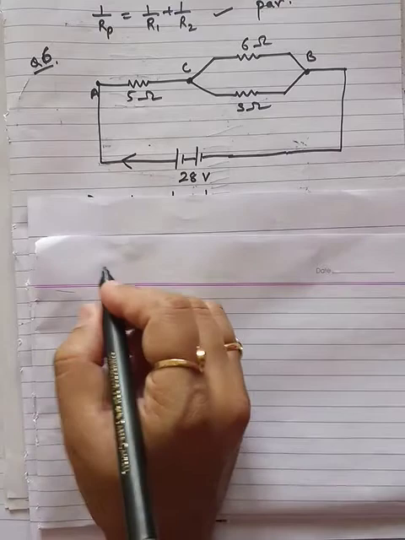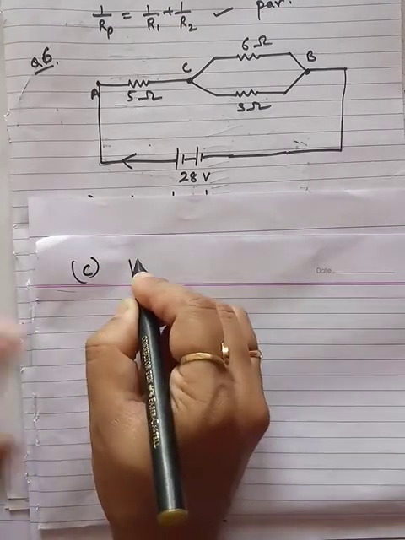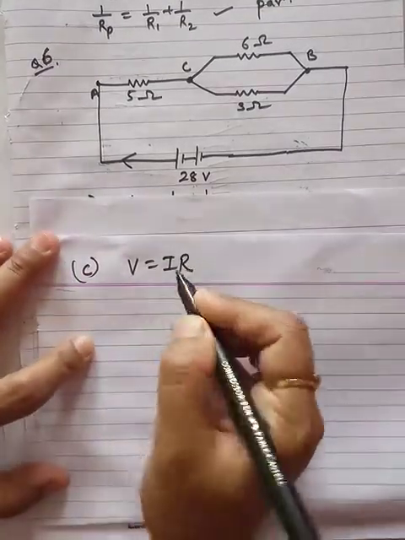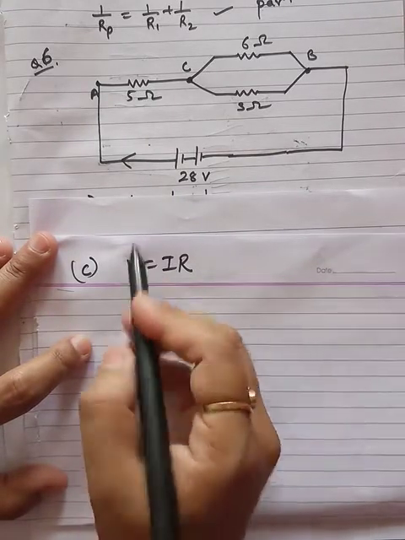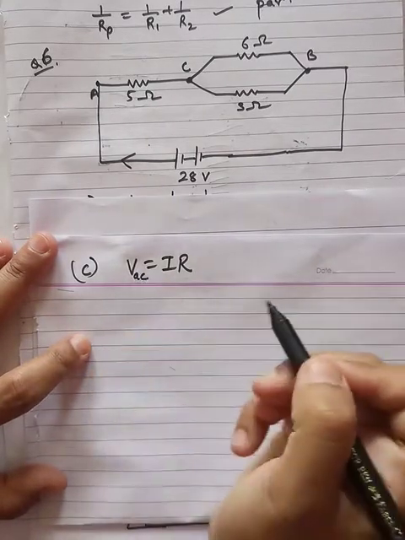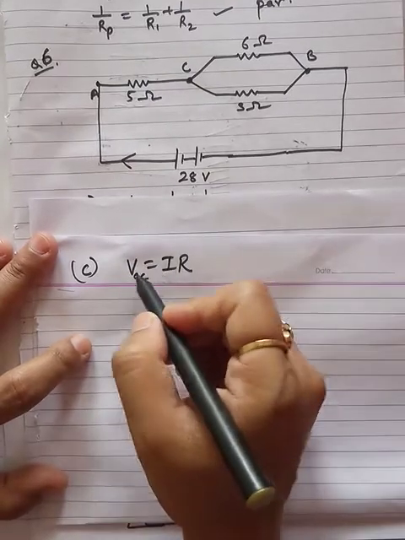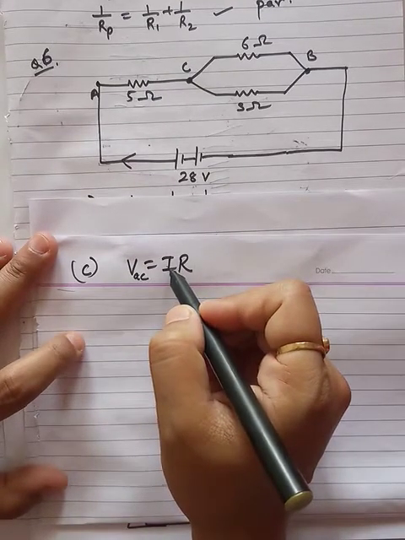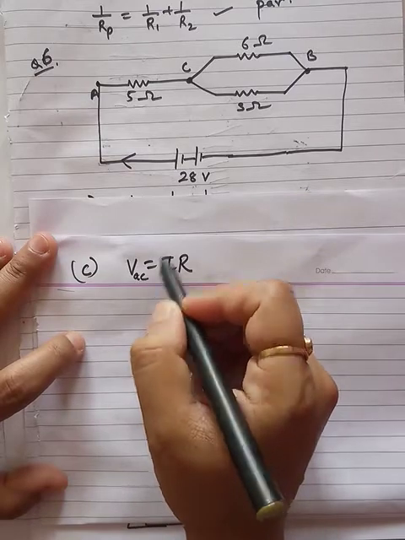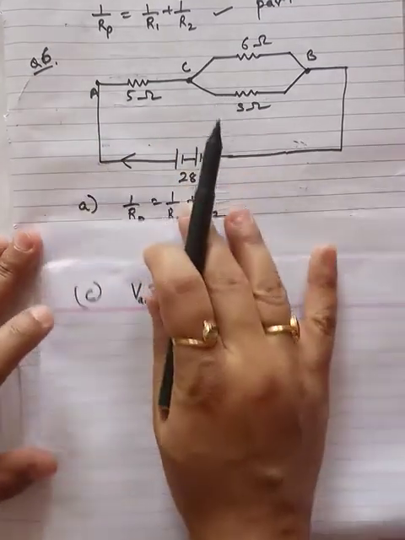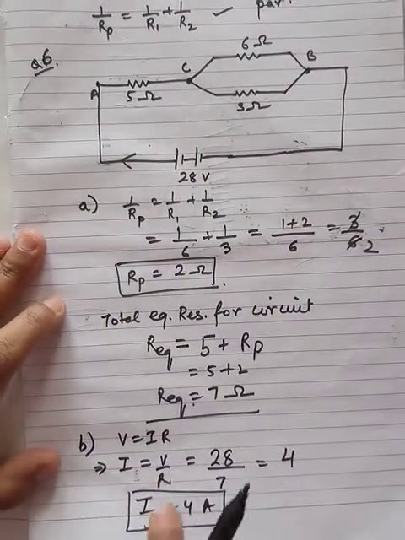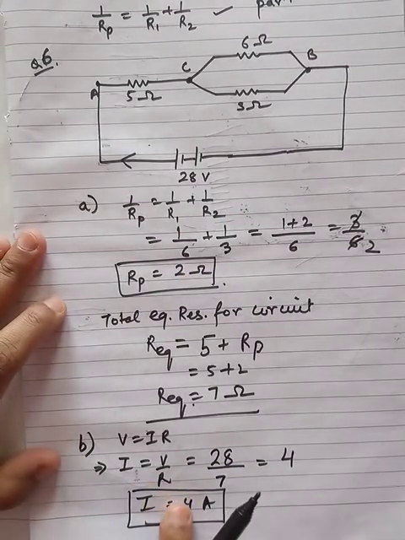Here, potential difference in part C, V can be found using I and R, so we can write down the potential difference across AC. So what will be that? I is through AC. What is I through AC? That is the total current we have found in the previous part, 4 ampere.